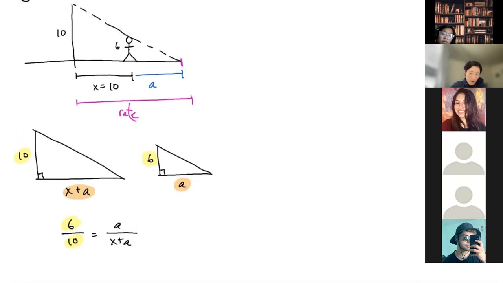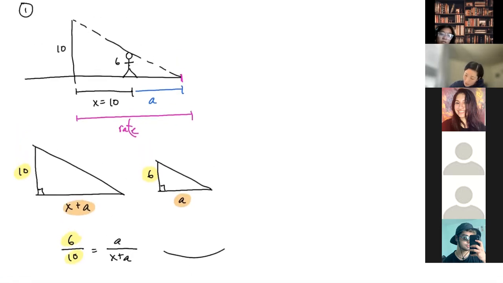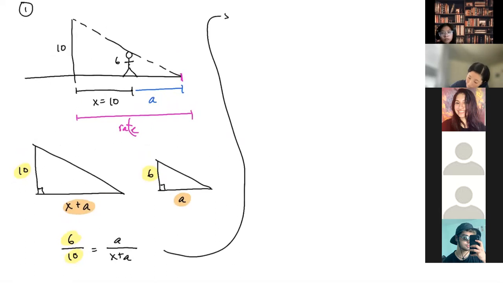Now, it turns out that this is the formula that I'm going to want to take the derivative of. But like, I don't want to use quotient rule. So I'm going to do a little bit of algebra before I take my derivative. In fact, I'm going to go ahead and cross multiply. 6 times x plus a equals 10a.